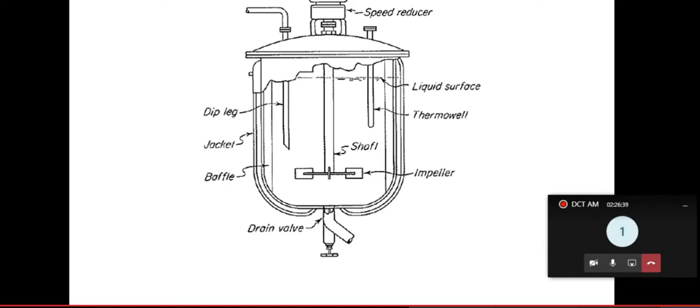It is how the original speed of the electrical motor is reduced to an RPM which is required for you. In your problems, dear children, you have seen 90 RPM. But in reality, the RPM of the electrical motor will be 1500 RPM. So 1500 RPM has to be reduced to 90 RPM. How are we going to do this? In the speed reducer, you are going to do this.